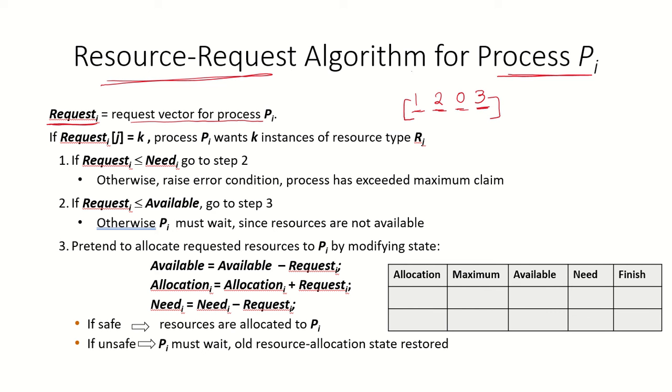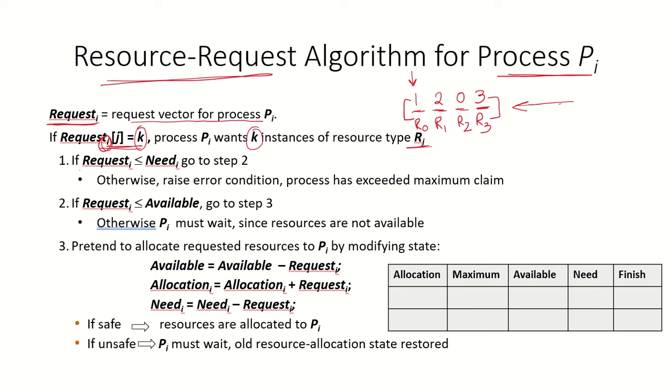That means it is requesting one instance of resource R0, two instances of resource R1, none of resource R2, and three instances of R3. Now if request[j] for that particular process i is equal to k, that means process Pi wants k instances of resource type Rj, like we explained over here.